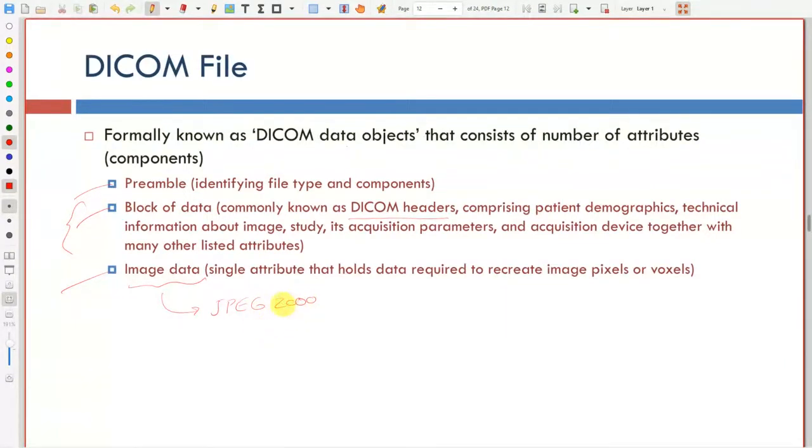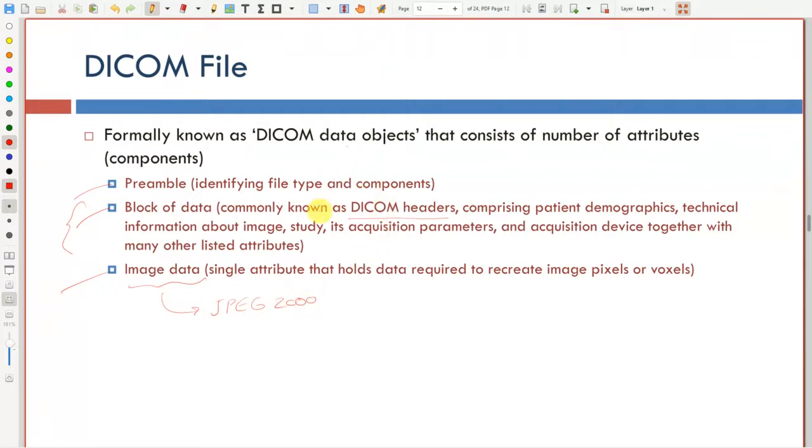It has a certain standardized format that people can read. And this kind of format would allow for images with higher than 8 bits per pixel resolution, okay? So this is very important. This is the image data itself.